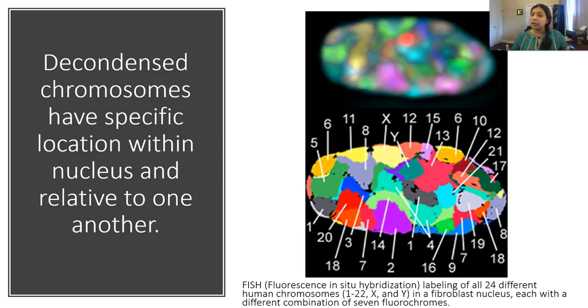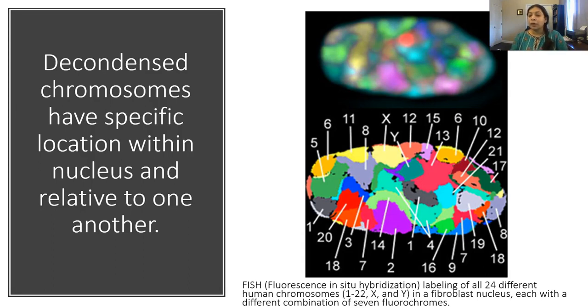That is pretty consistent. So we can see that through a technique called FISH, which is fluorescence in situ hybridization, where you take the cells in culture and you're using fluorescent labels to hybridize to various chromosomes using different types of stains.